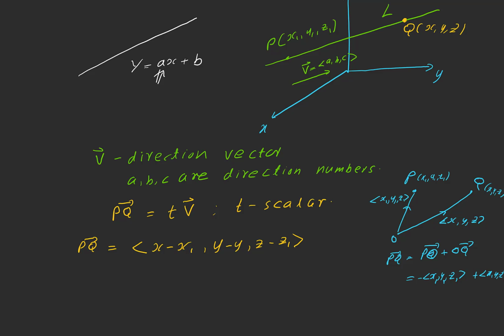Then we know the V vector. Let me plug in: (x minus x1, y minus y1, z minus z1) equals t times V, which is (a, b, c). If two vectors are equal, their components are also equal.